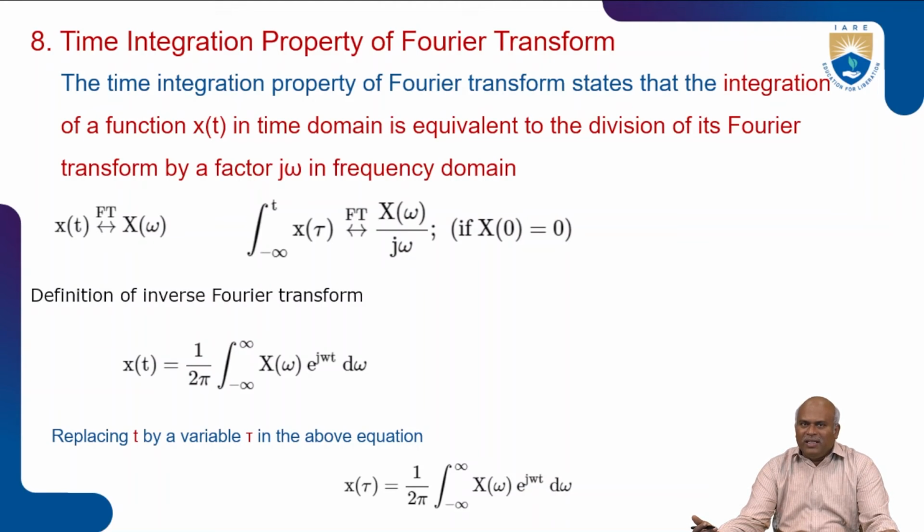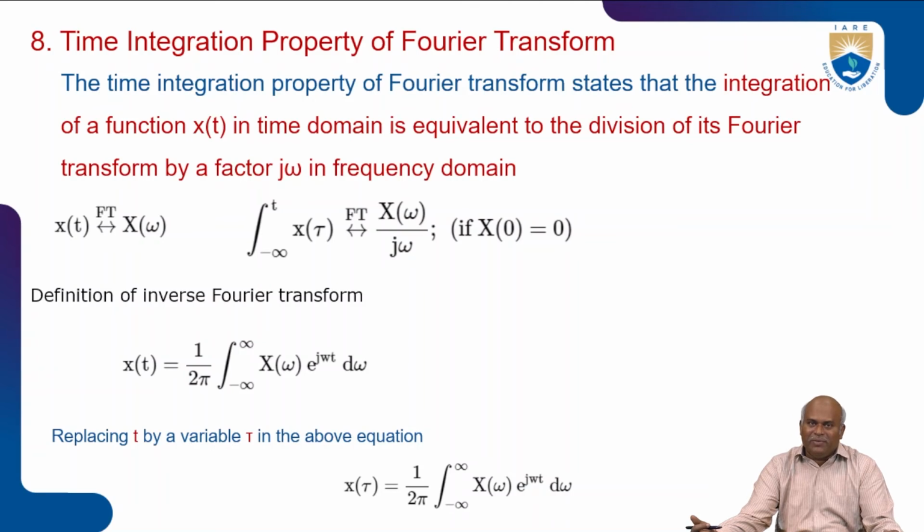It states that integration of the function x of t in the time domain corresponds to division of its Fourier transform by a factor of j omega in the frequency domain. That means if we integrate in the time domain, the frequency domain is divided by j omega.